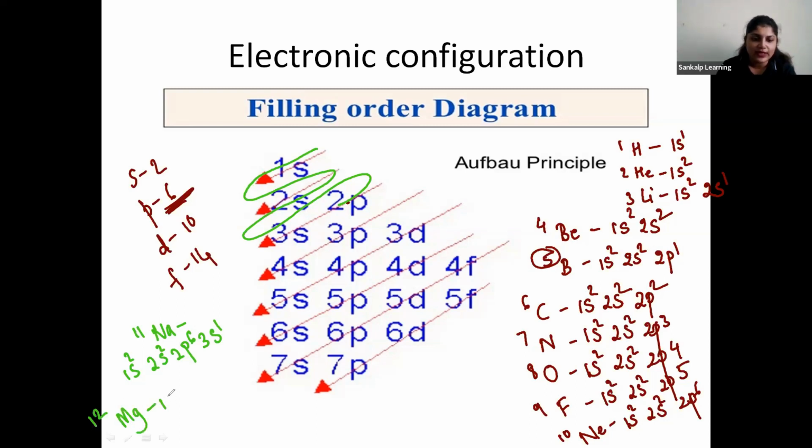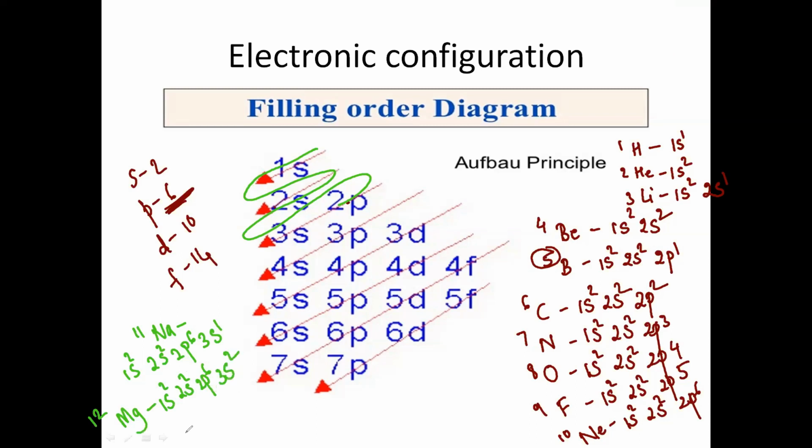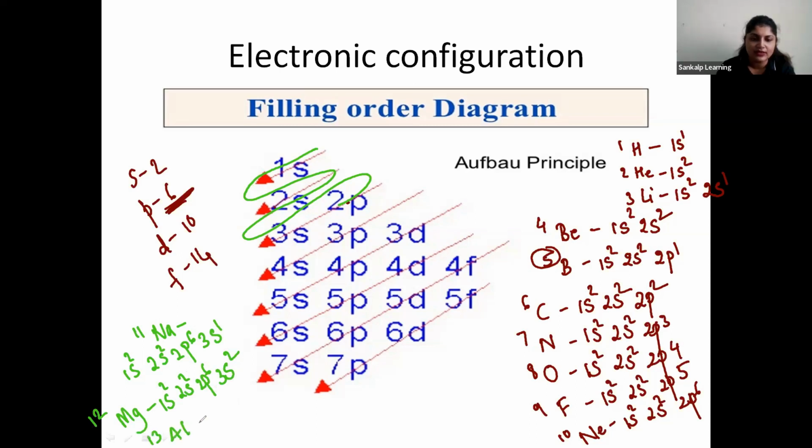So it will be 1s2, 2s2, 2p6, 3s2. After magnesium, what comes? Aluminium, 13. Now see, in 3s the maximum number of electrons is 2, so it is already filled.